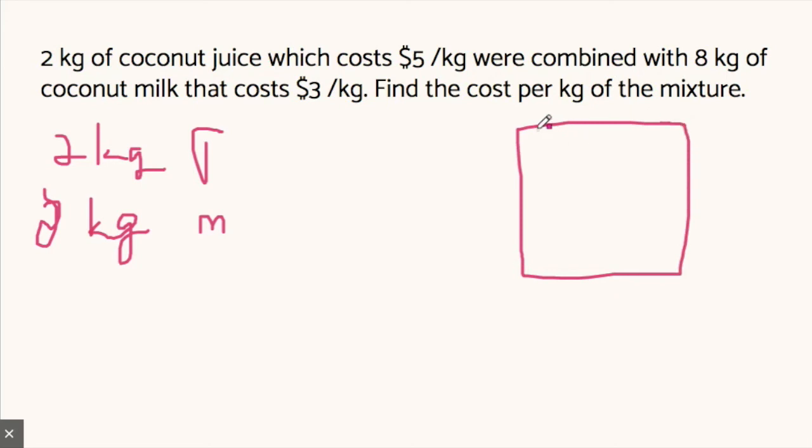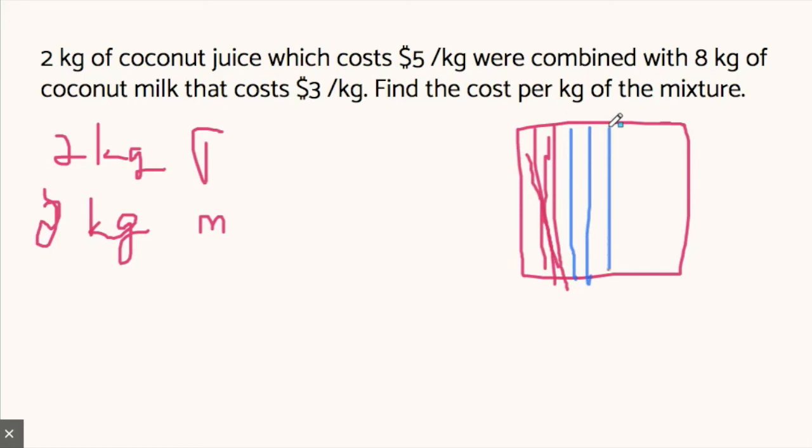we could just have 1, 2 coconut juice and 1, 2, 3, 4, 5, 6, 7, 8 coconut milk.